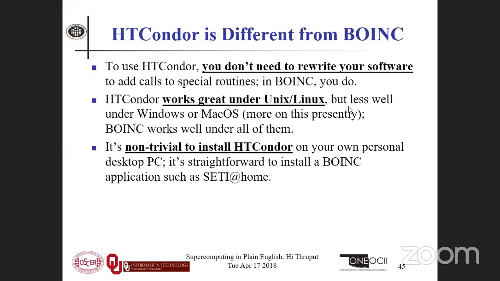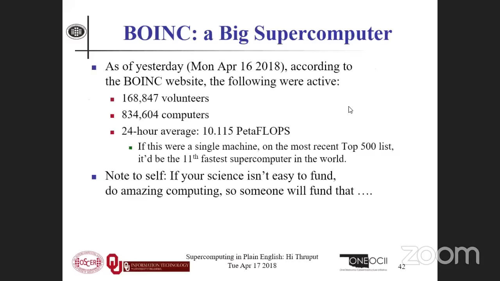The big difference between HT Condor, HT being short for high throughput, it used to just be called Condor. I suspect there was something else called Condor that made them change their name. But with HT Condor, you don't have to add anything at all to your software. You have to make sure your software is not doing a few funky things, but you don't have to add anything into your software. Unlike BOINC, and I'll roll back for a second.